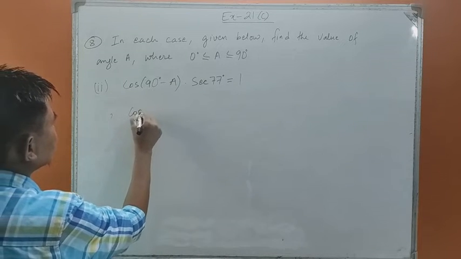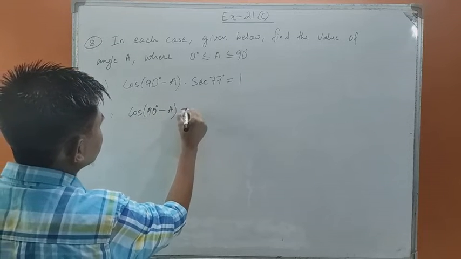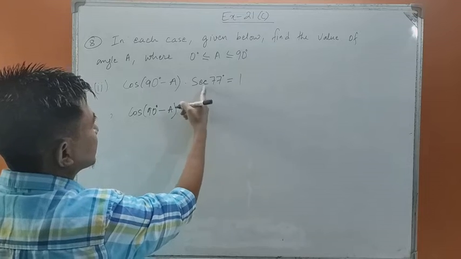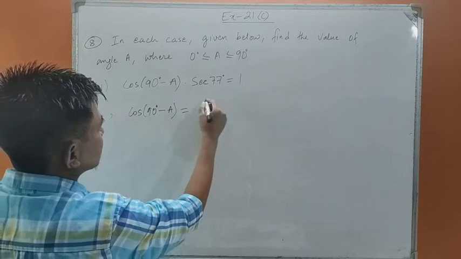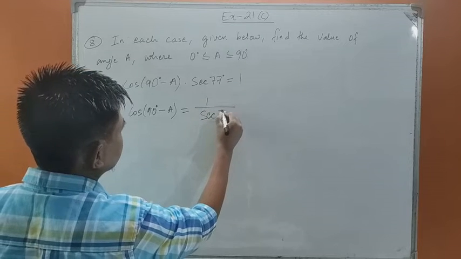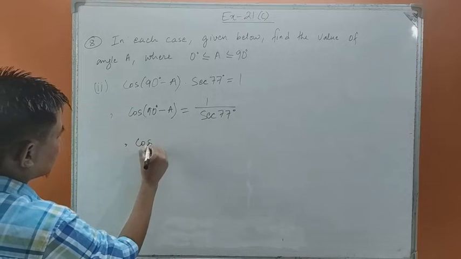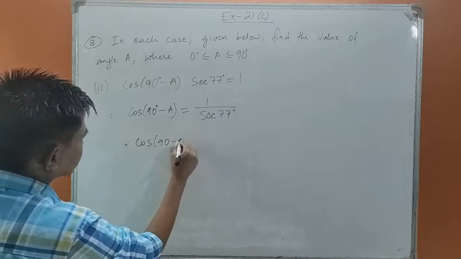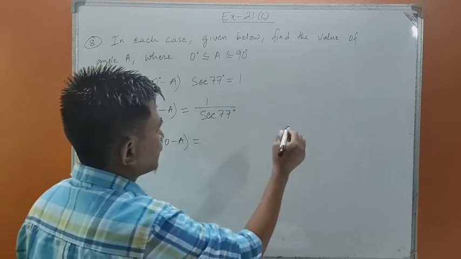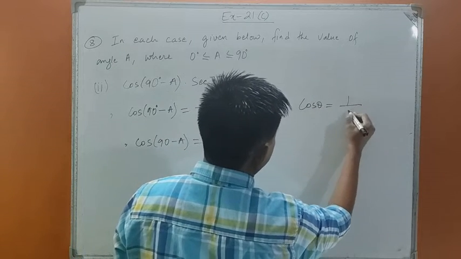Cos(90 minus A) equals, you cross multiply, sec 77 to the right hand side, it goes to the denominator of 1, sec 77 degree. Or cos(90 minus A) equals, you know that cos theta and sec theta are reciprocals of each other, isn't it?